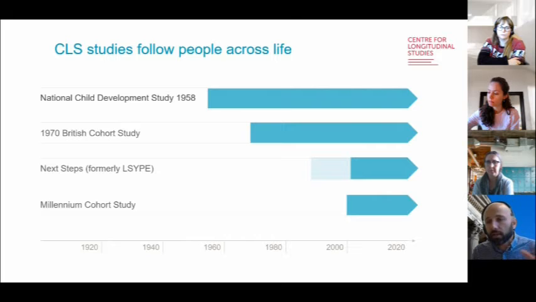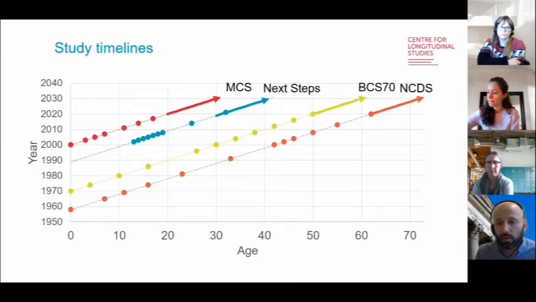And these studies are all a fairly similar size, between 16,000 and 19,000 at recruitment. I think this plot's a nice way to visualize how we've collected data across these studies. We've got age on the x-axis and year on the y-axis, and the dots for each study represent the points in time and the ages at which we've collected data.